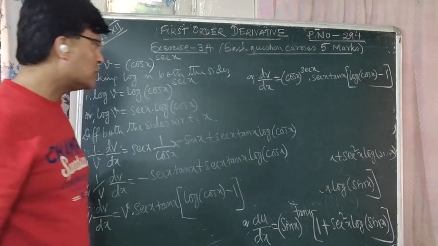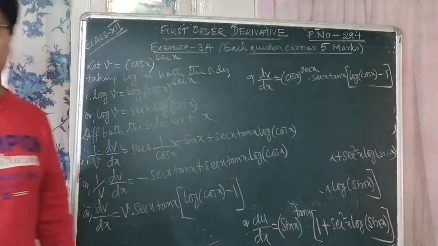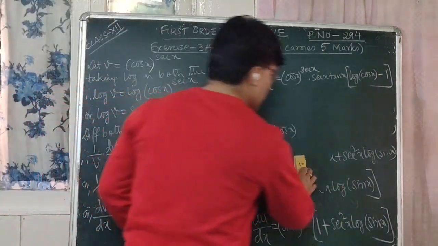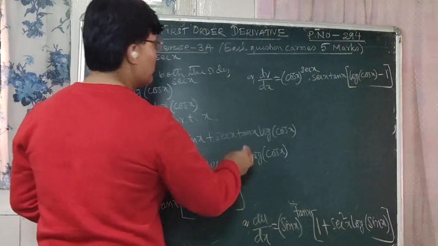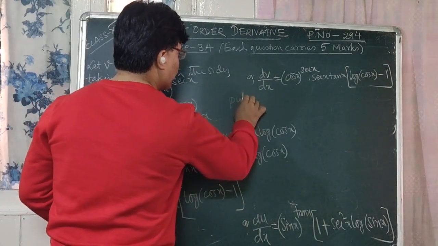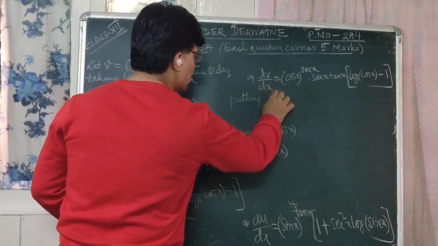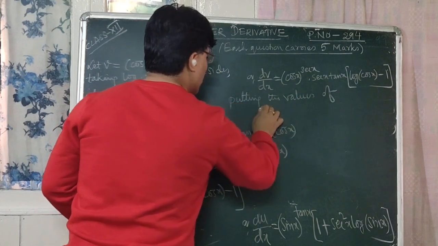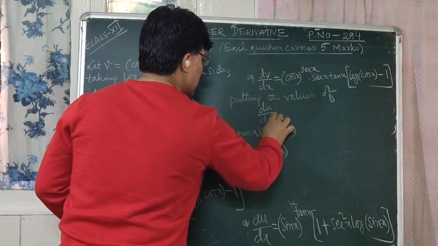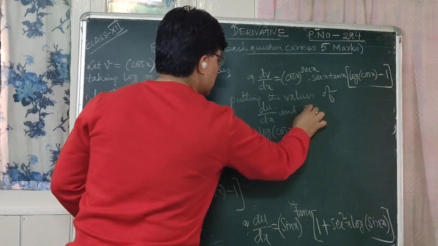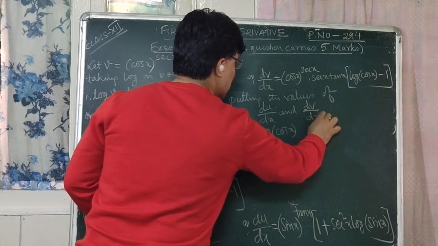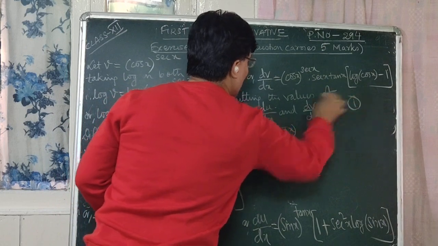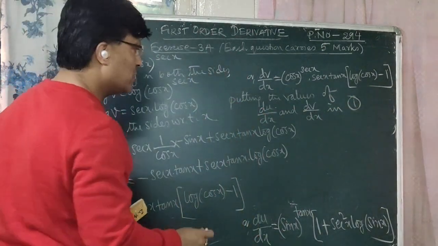Now we have to put those values of du by dx and dv by dx in number 1. So let us write down, putting the values of du by dx and dv by dx in number 1. So what is number 1?